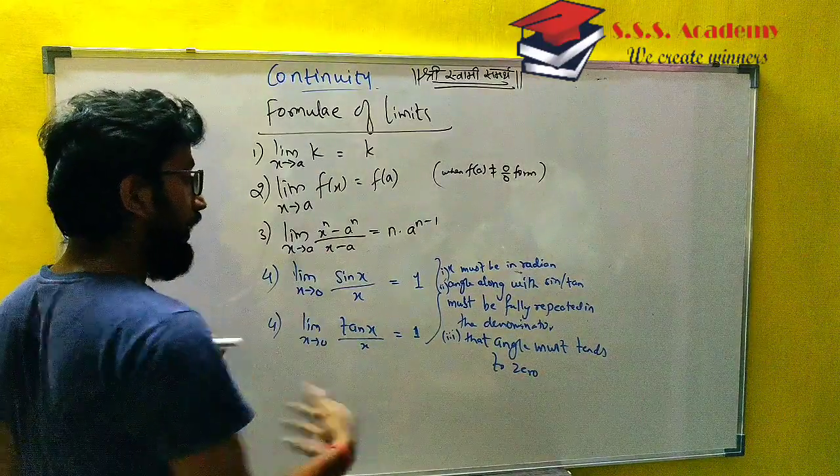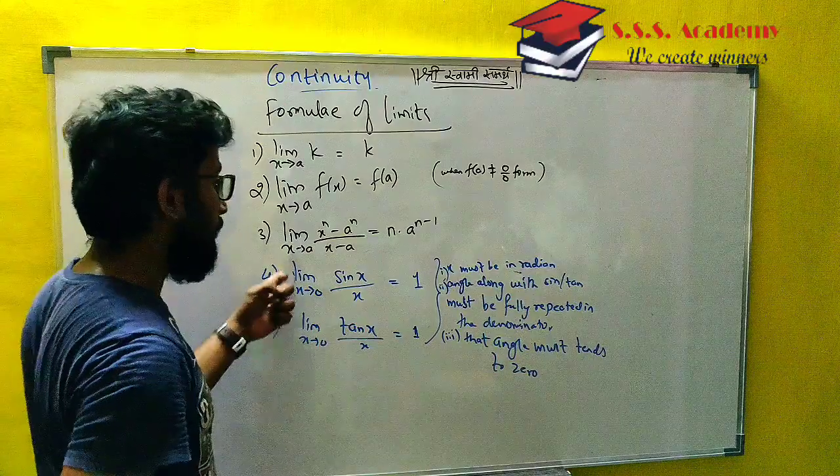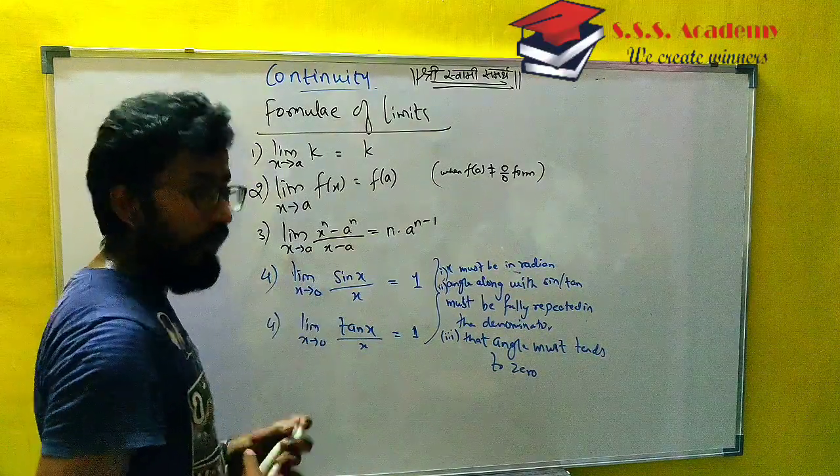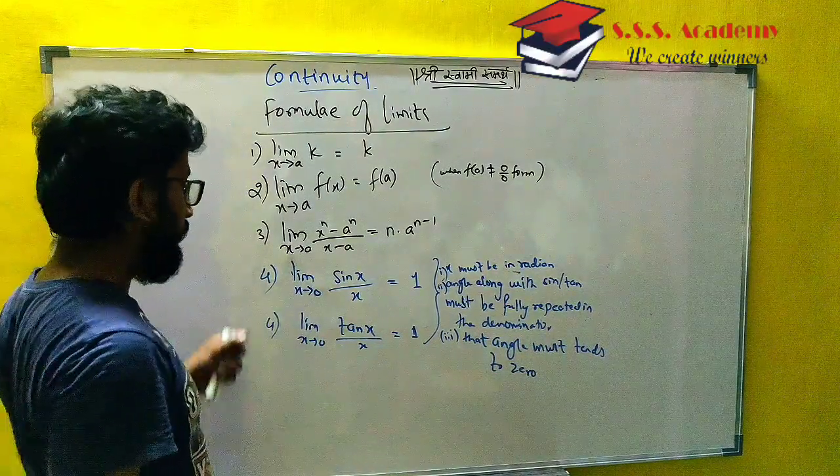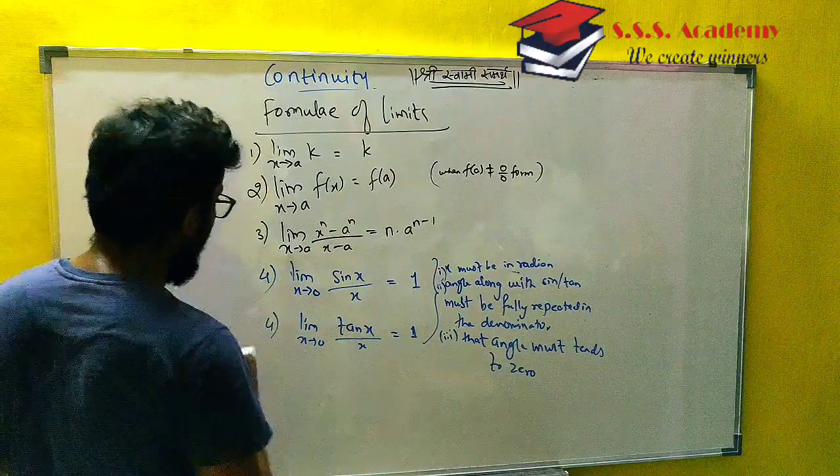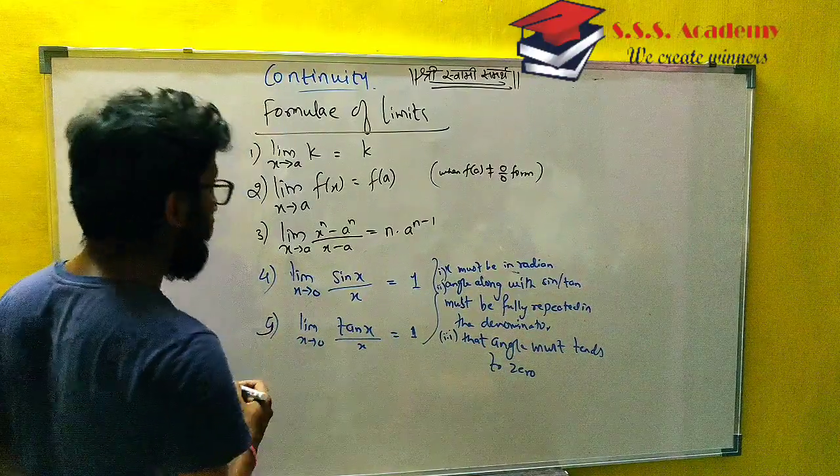So these three conditions must be satisfied when we apply a limit for a trigonometric function. Quickly note it down and then we'll see the further formulas.